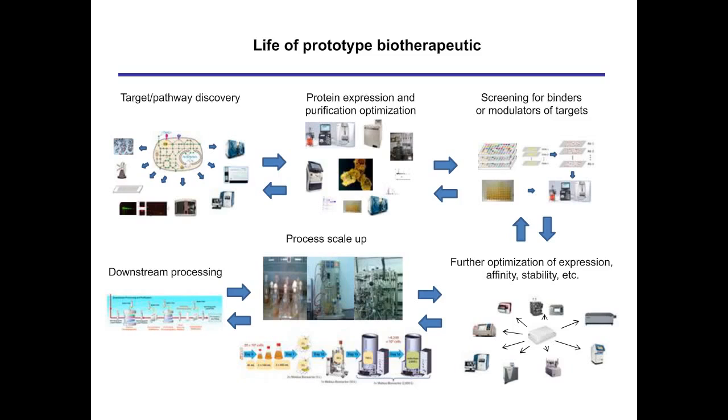Then I'll discuss the screening of proteins for binding targets or modulators of protein targets. And finally, I will discuss a series of methods associated with the deeper biophysical characterization of proteins. And I won't spend any time, in fact, talking about the process scale-up or the downstream processing.